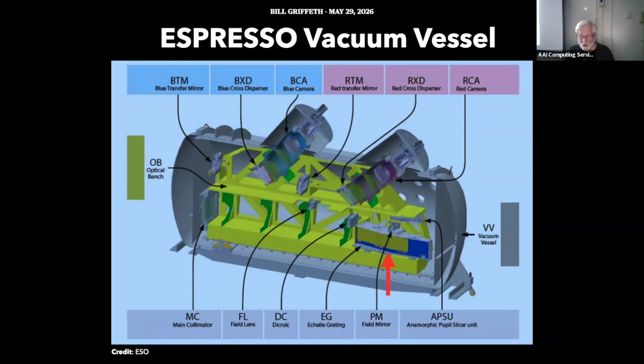And an echelle grating to disperse the light, and various other optical elements to condition and direct the light are also present. ESPRESSO uses an echelle grating with spectral orders ranging from 80 to 170, with up to 90 recorded on the detectors simultaneously.